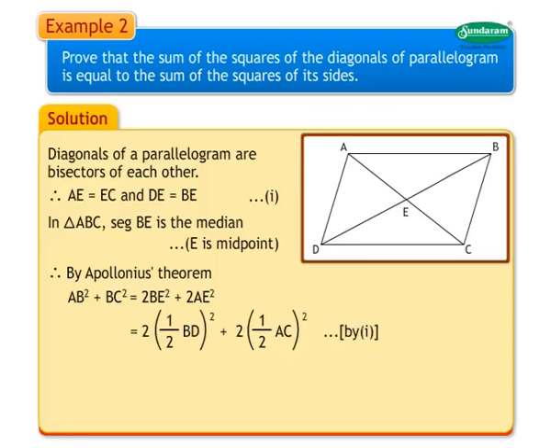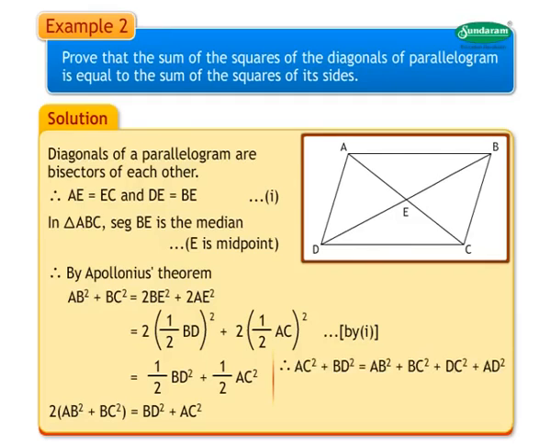is equal to 2 into bracket 1 upon 2 BD whole square plus 2 into bracket 1 upon 2 AC whole square, by statement 1, is equal to 1 upon 2 BD square plus 1 upon 2 AC square. 2 in bracket AB square plus BC square is equal to BD square plus AC square.